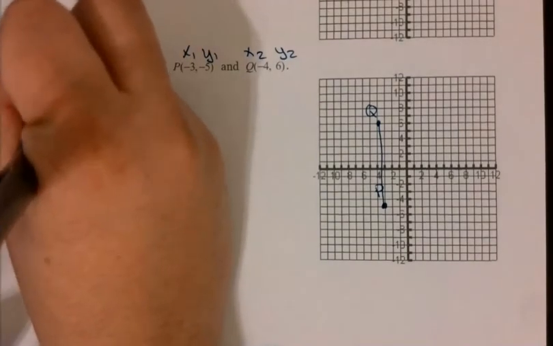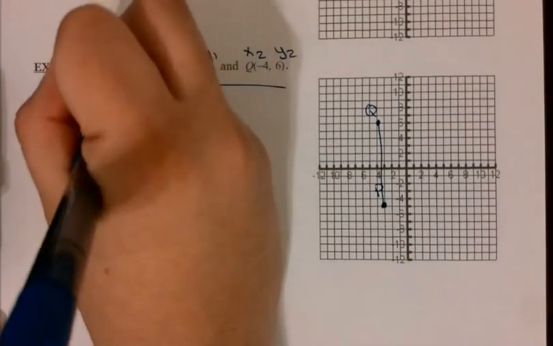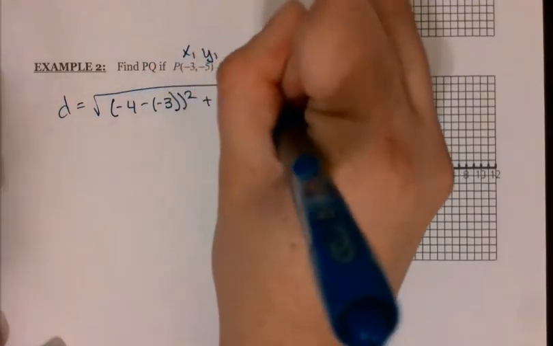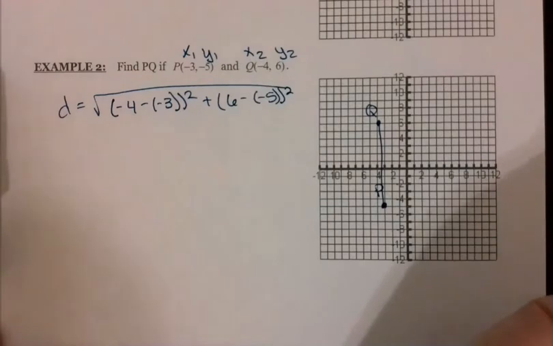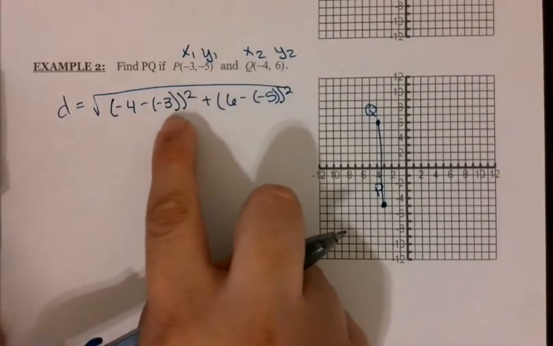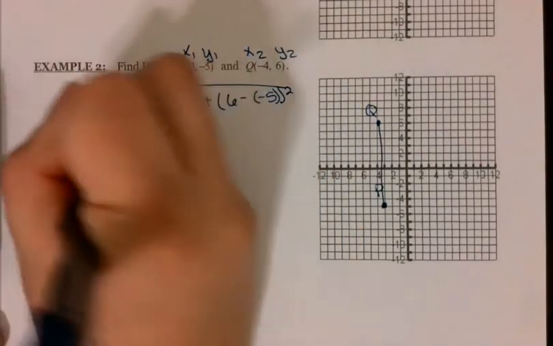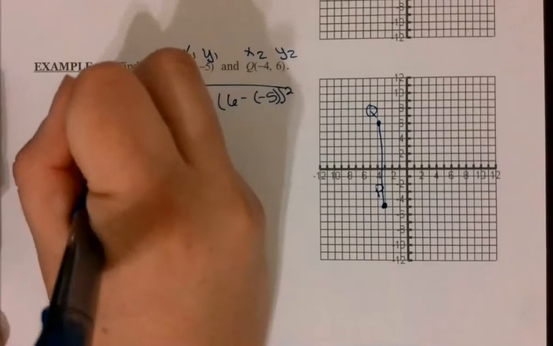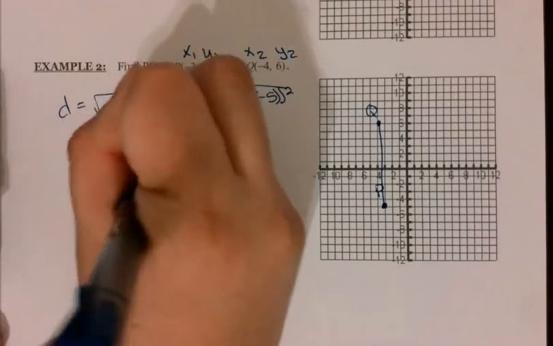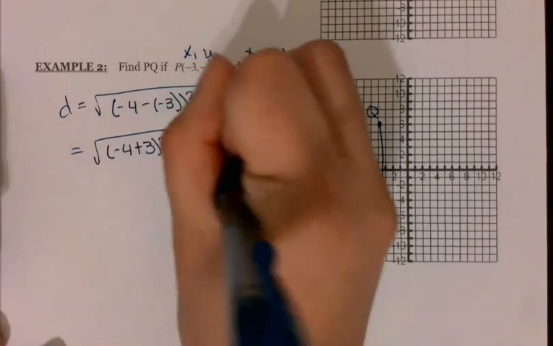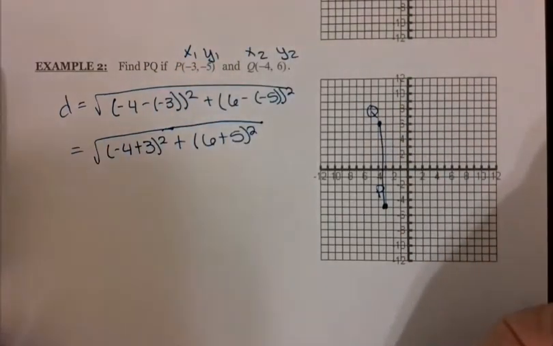So I have d equals square root of negative 4 minus negative 3 squared plus 6 minus negative 5 squared. And I have the double parentheses here so I can keep track of what I'm making negative. So then I have negative 4 plus 3 squared plus 6 plus 5 squared.